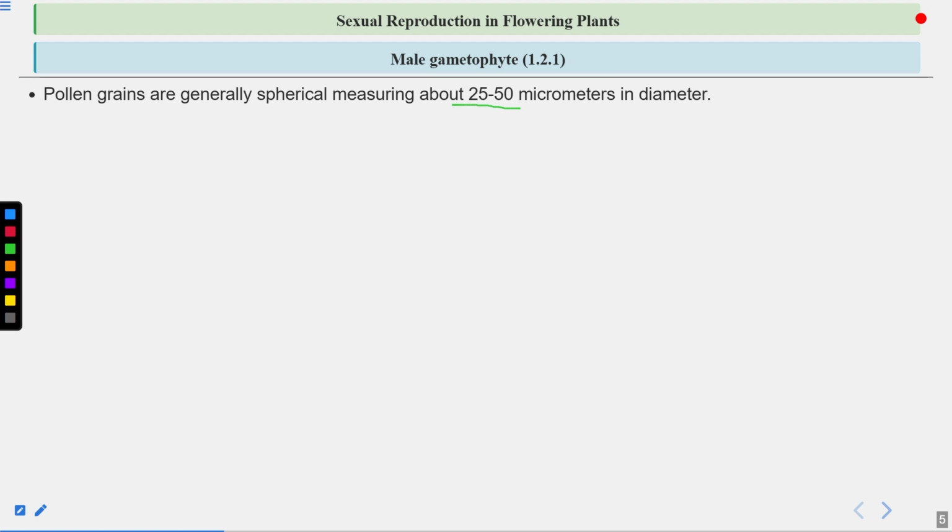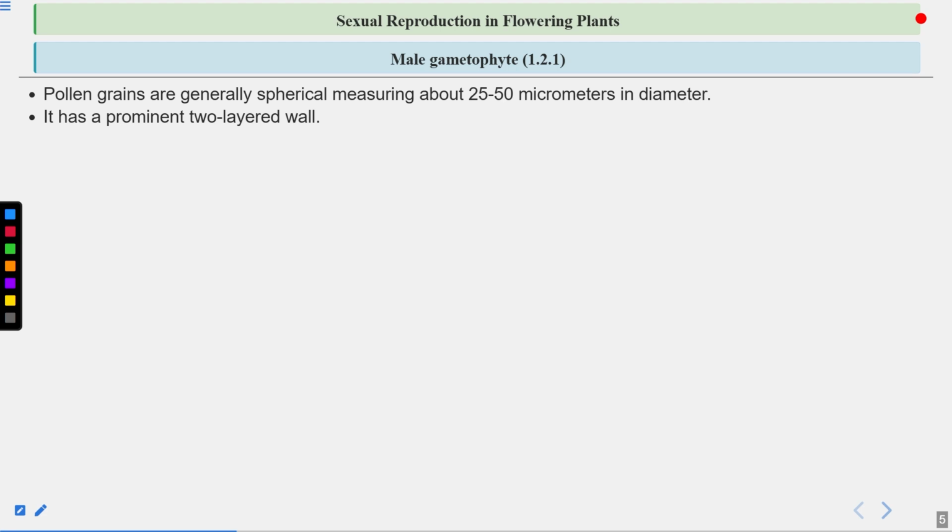So they are telling that in flowering plants, the pollen grains are generally spherical in shape, and when we measure the diameter of it, it comes in between 25 to 50 micrometer.